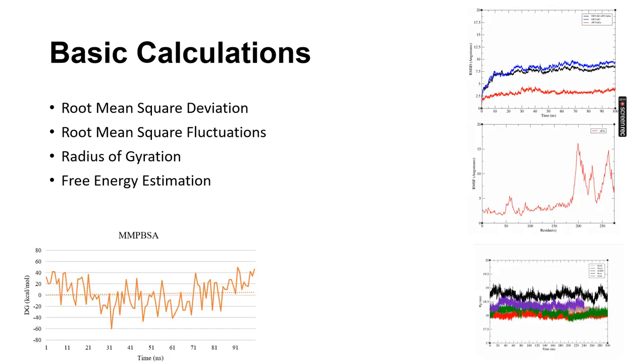So we are talking about this free energy estimation. Here we will be calculating the change in energy with respect to time, and overall we'll take an average of all these things that we will be quoting in our paper. Sometimes it is not mandatory that you need to consider from the starting to the ending.